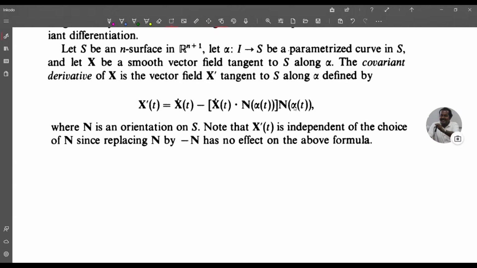If you replace n with minus n, you will get two negative signs here that cancel to give the same derivative. Replacing n with minus n has no effect on the formula for the covariant derivative.